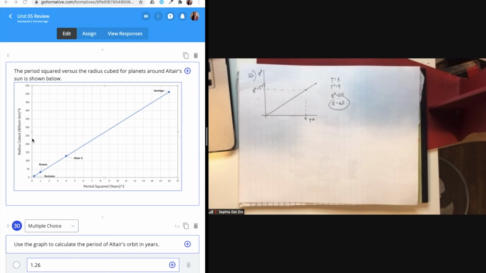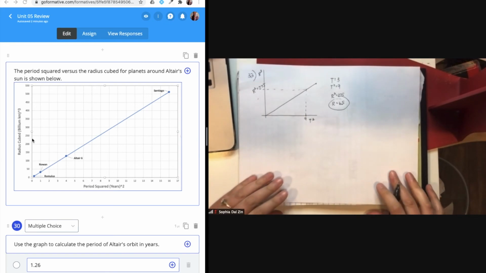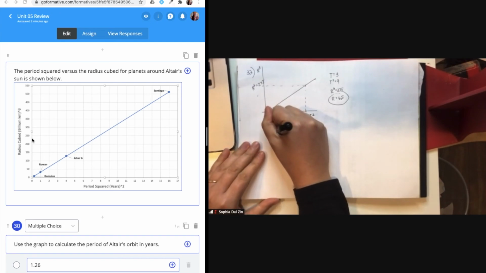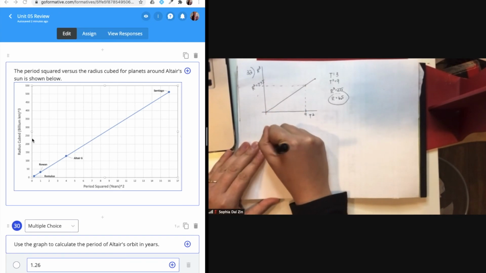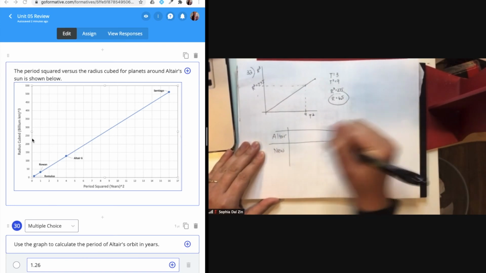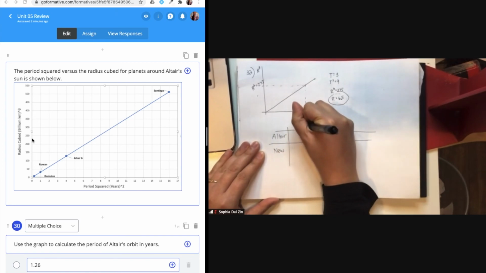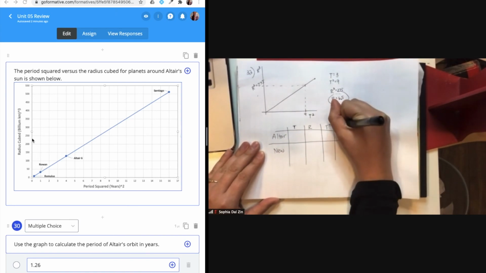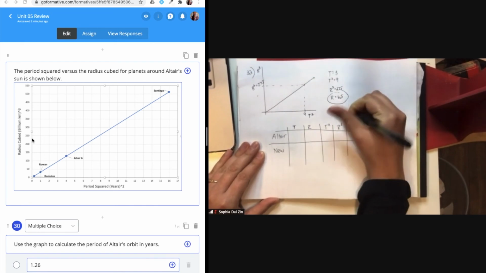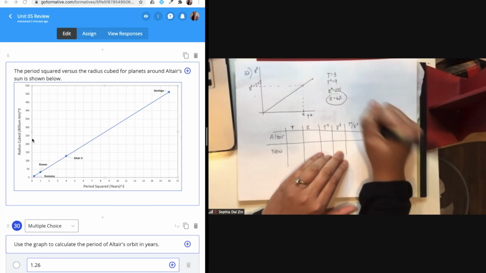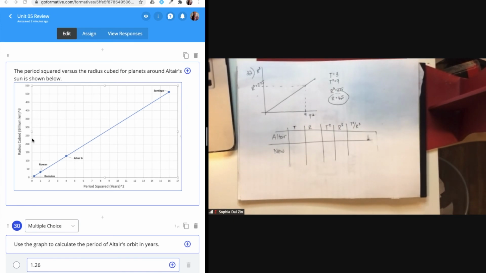Another method you could use is you could use a chart, like we did in experiment 5C. If I take the planet Altair and the new planet, I can compare them side by side. I can take their time, radius, time squared, r cubed, and the quotient, T squared divided by r cubed, should be a constant.